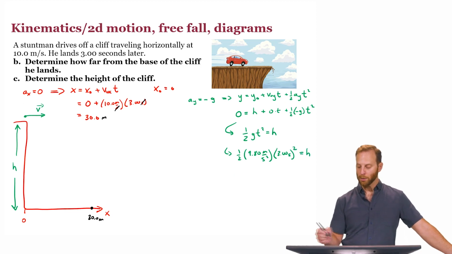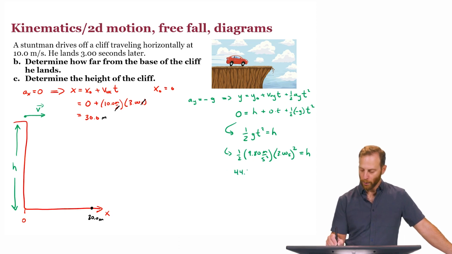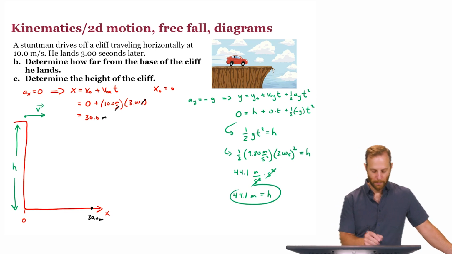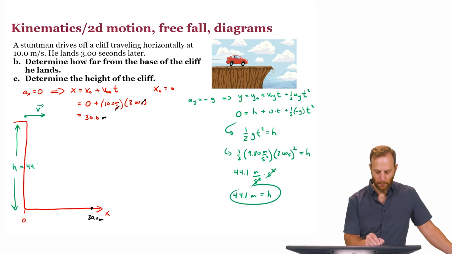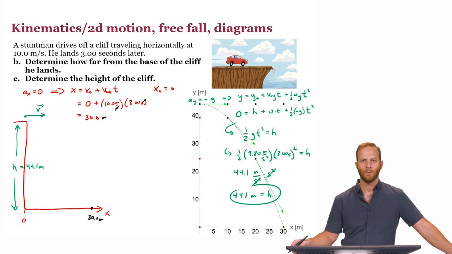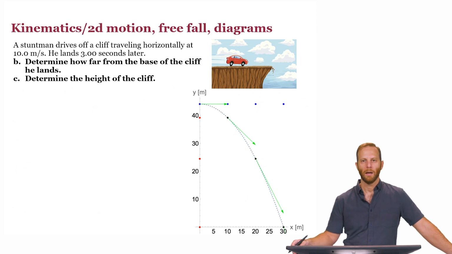Notice that when I multiply this out, I not only get a number, 44.1, but I have meters divided by seconds squared times seconds squared. The seconds squared cancel, and so my final answer is 44.1 meters for the height. And so we can now take a look at our picture, the final motion diagram.